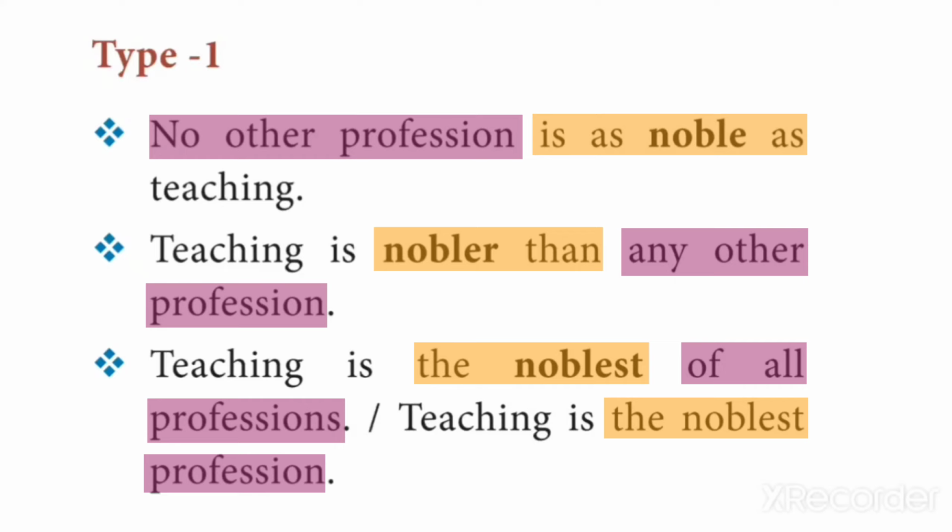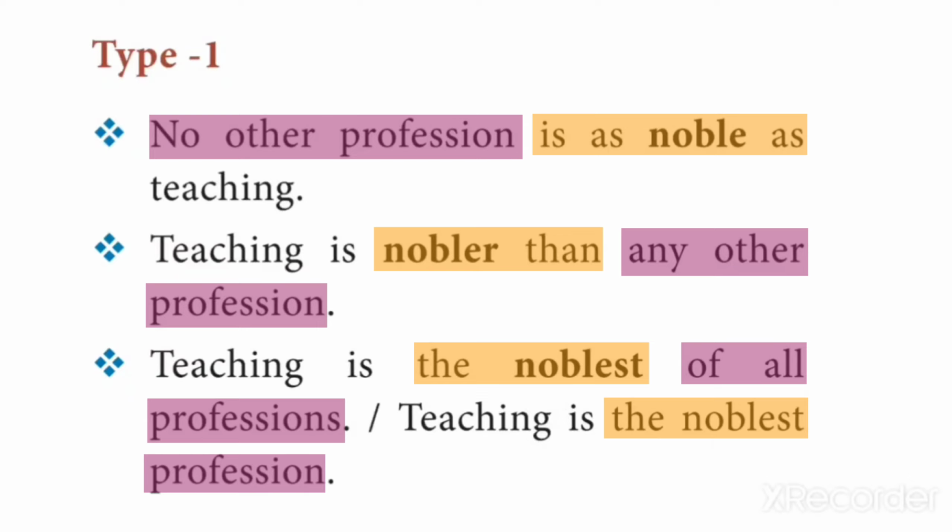Coming to the comparative degree, the first word begins with the last word in the above sentence, teaching, because here teaching is spoken about, which is followed by, since teaching is a gerund and singular in meaning, a singular verb is, followed by the comparative degree adjective, and immediately followed by the preposition than. And after that, the important thing is, than is followed by any other, and that is followed by profession, a singular noun.